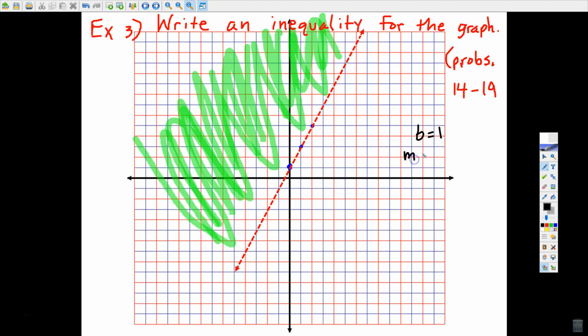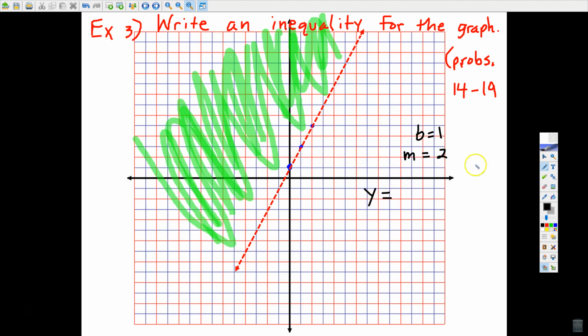Then see if you can figure out the slope. Find a couple of points that are easy to determine. And you can do rise over run, or you could do the slope formula if you wanted, y2 minus y1 using those 2 points. But I think it's easy enough just to do rise over run. So it looks like the slope in this case is going to be positive 2. So we just put that together.